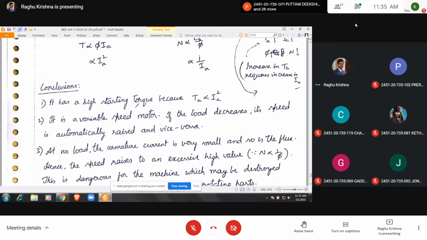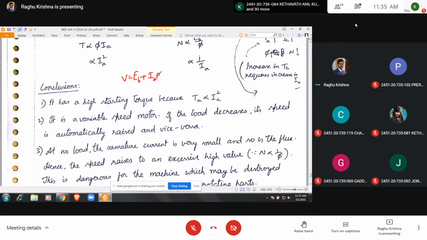Initially, as Eb is less, when the rotor is stationary, Eb will be 0 because the speed is 0. So you know that V equals Eb plus IaRa.